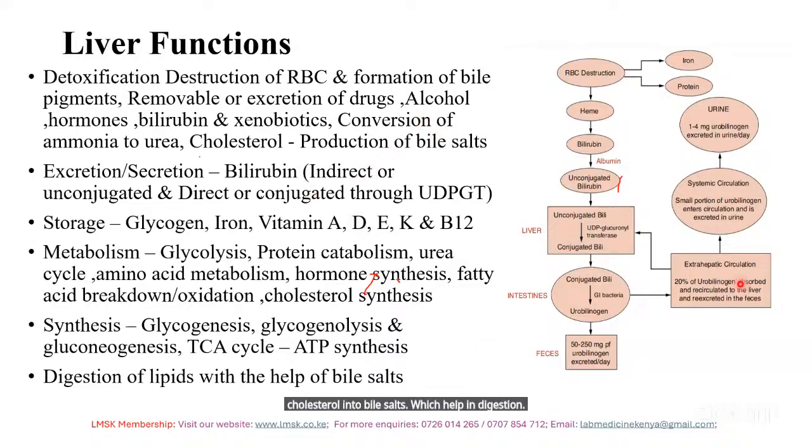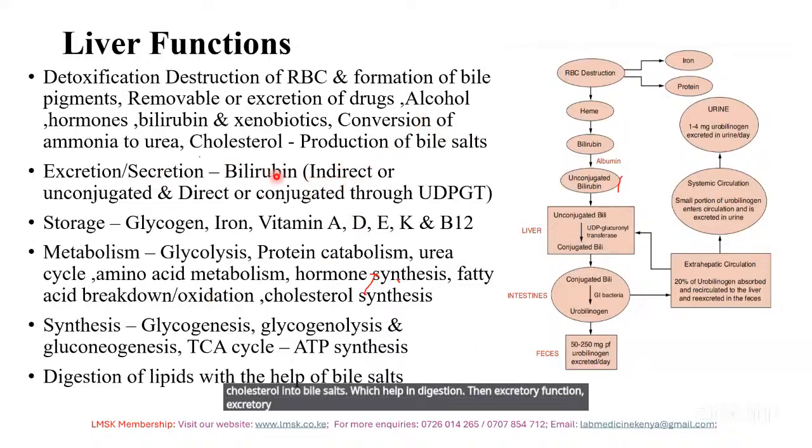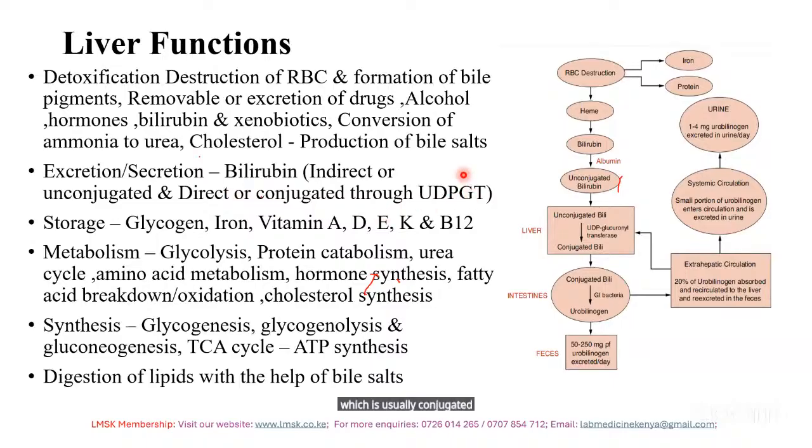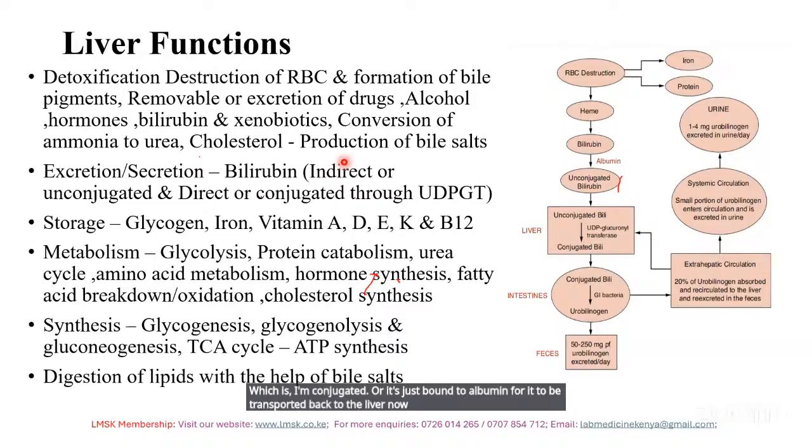Then there is the excretory function. It helps get rid of bilirubin, which is usually conjugated. The bilirubin is first released by hemolysis, the breakdown of RBCs. And we have the indirect bilirubin here, which is unconjugated, just bound to albumin to be transported back to the liver for conjugation to happen.